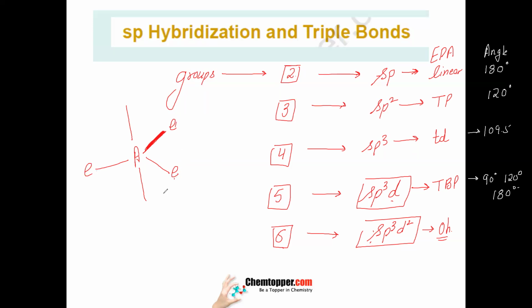Remember equatorials? And 2 are axials. Where would you like to place your lone pairs, on the equatorial or on the axials?